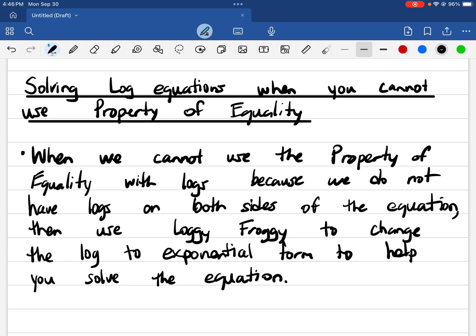And so when we cannot use that property of equality because we do not have logs on both sides of the equation, then use loggy froggy to change the log to an exponential form to help you solve the equation.